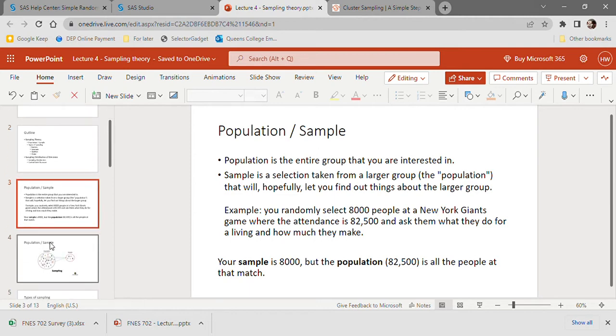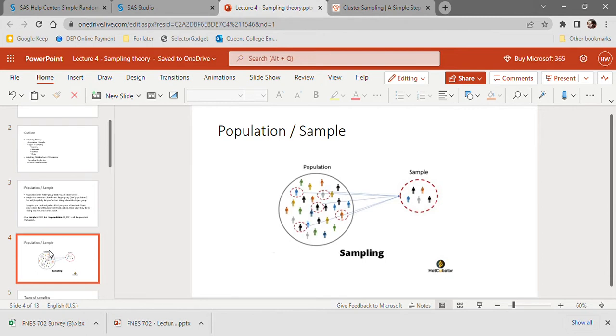Okay, so this is a visual that everybody typically uses when they try to depict what a population and what a sample is. You see that this figure on the left has the population. This is everybody, right? So using our New York Giants example, this is everybody who's in the stadium right over here.